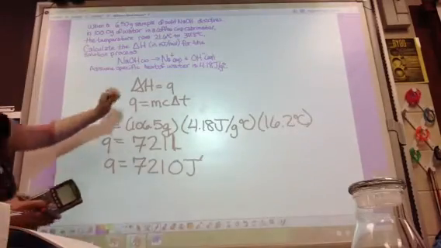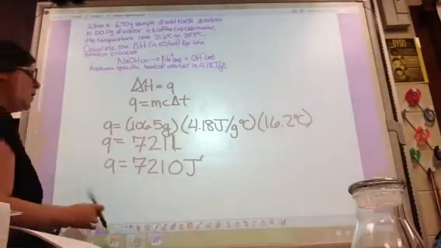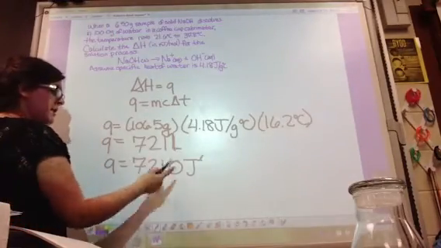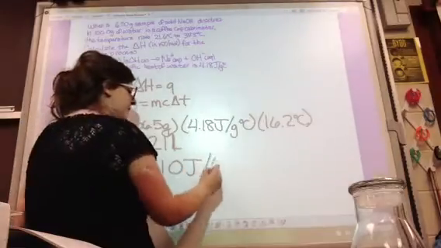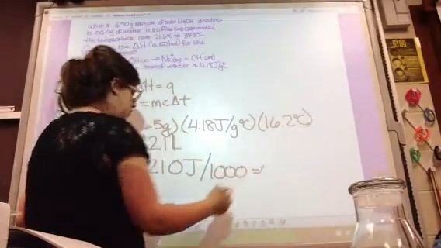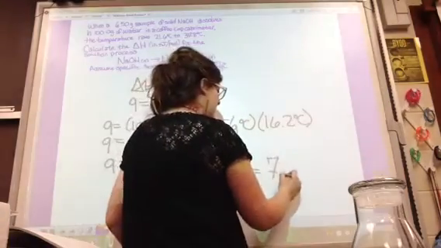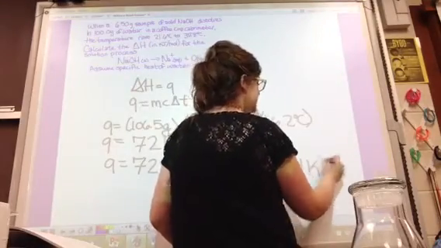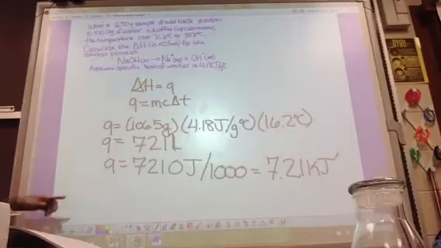But I need that to be in kilojoules. If I have joules but I need kilojoules, I need to divide this by 1,000. So if I divide this by 1,000, that would give me 7.21 kilojoules. So I'm almost done.